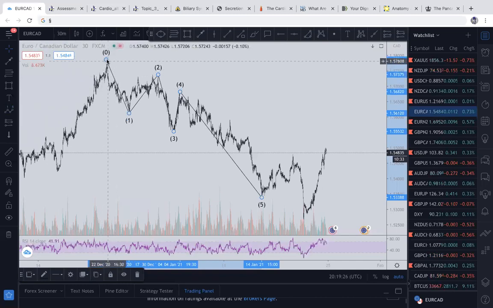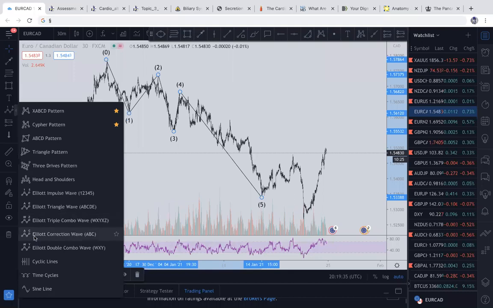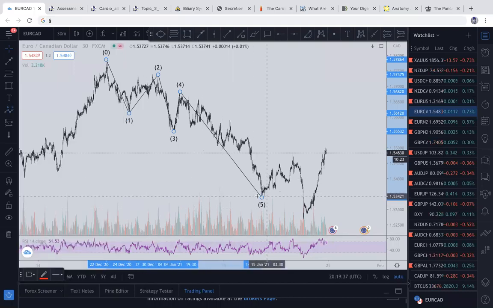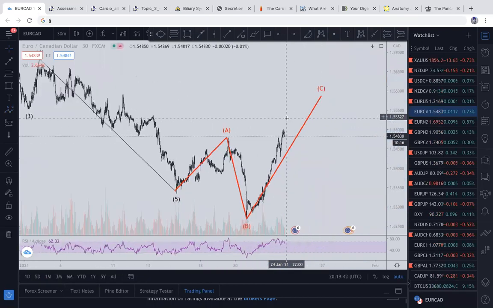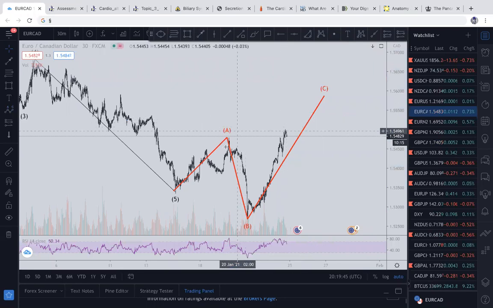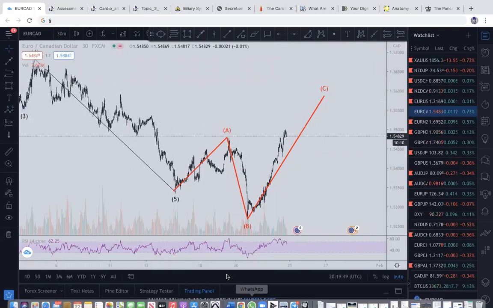So we had from 0 to 1, 1 to 2, 2 to 3, 3 to 4, 4 all the way to 5. Now we have what? A, B, and we're going to C. Now let's look at where the ABC is going to. So from this point, let's pay attention to this area.